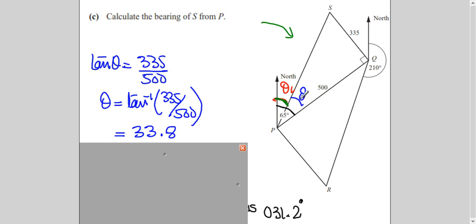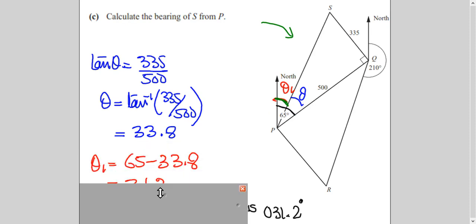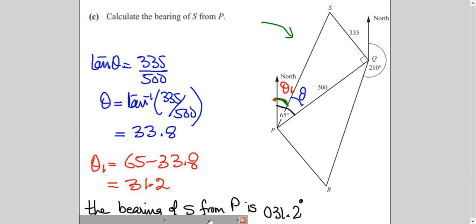So this angle is 33.8. From the total angle, 65 minus 33.8, and you will get 31.2. Because the question is saying calculate the bearing, and bearing is always given in 3 digits, you will write the bearing of S from P is 031.2 degrees.